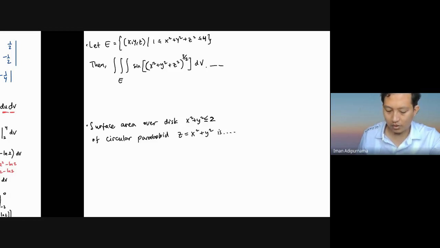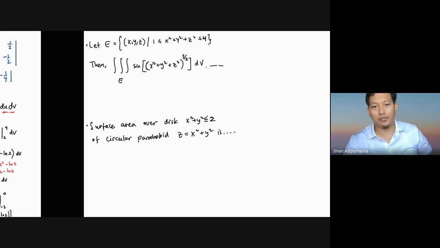Okay, so the second question is about surface area, which is in this 15.5, if you remember that. Okay, let me give you a couple of minutes, and maybe I'm giving you just a clue how to deal with this exercise.